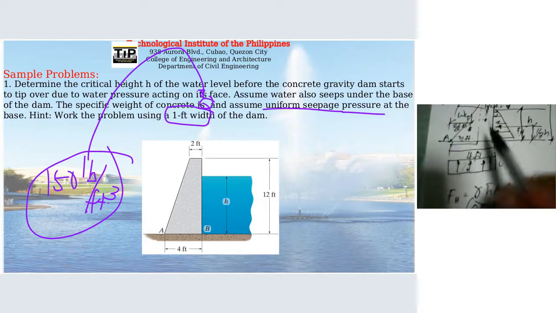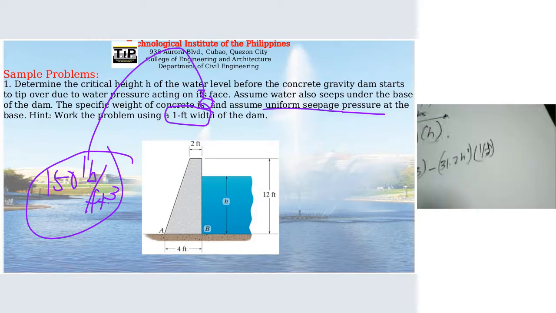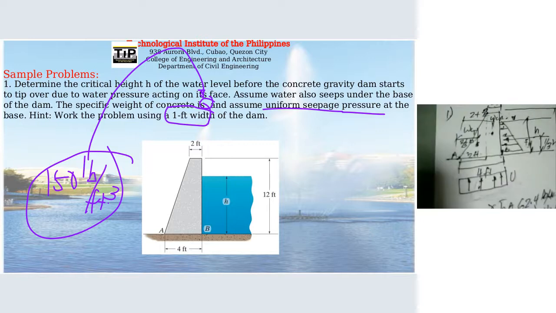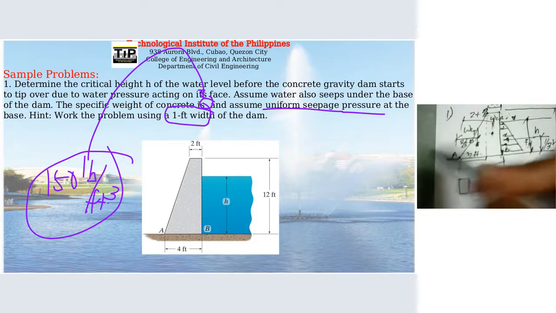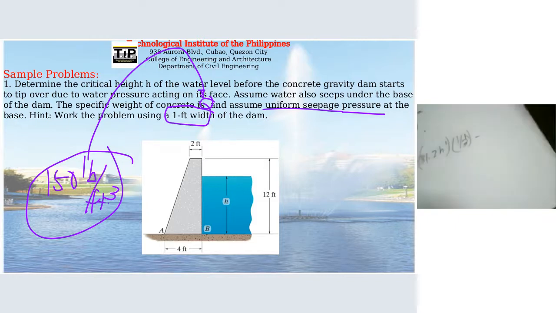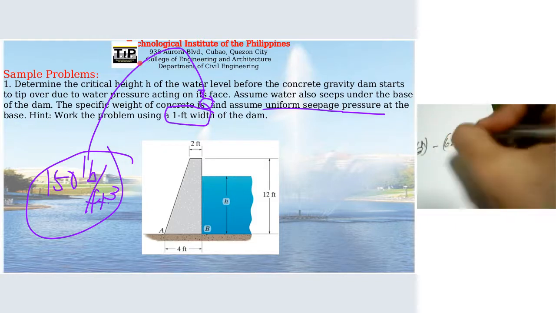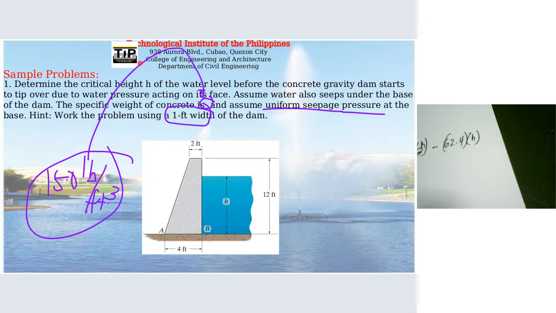And then the last force, U. So we have minus again because this will produce a counterclockwise rotation about point A, same with F sub H. So this is 62.4 times h.